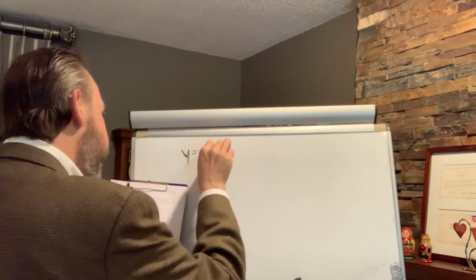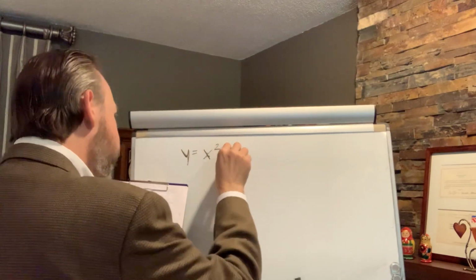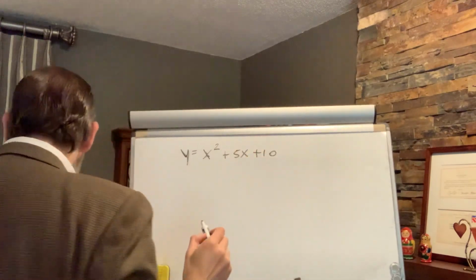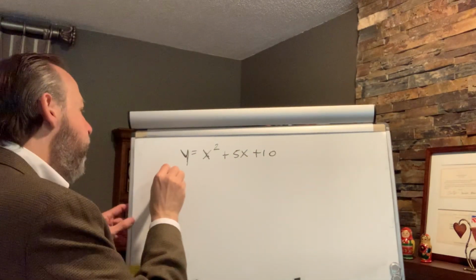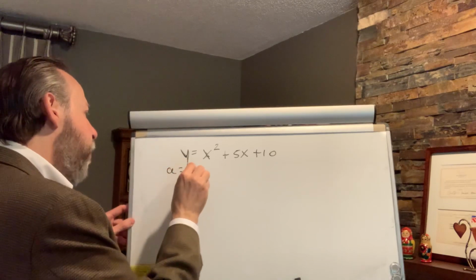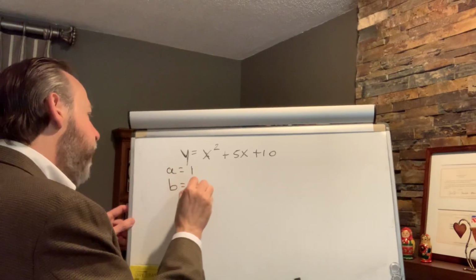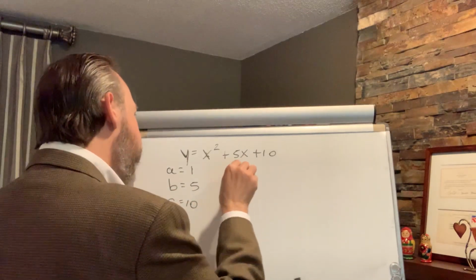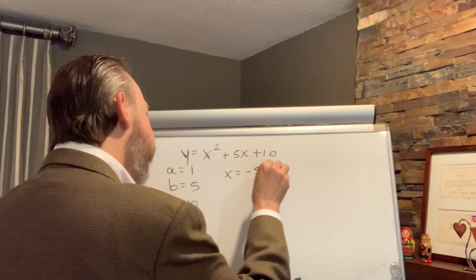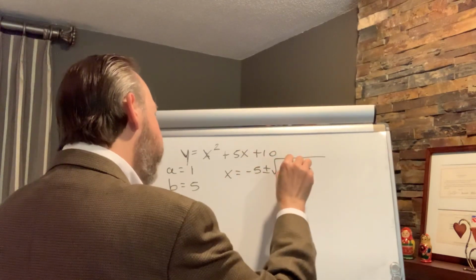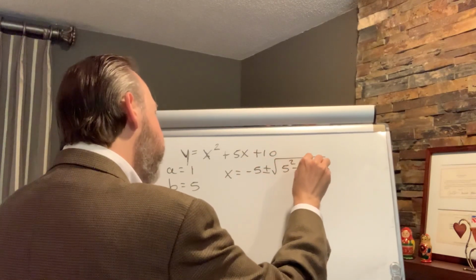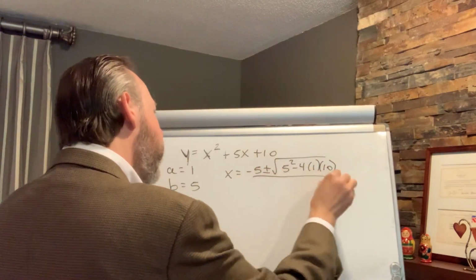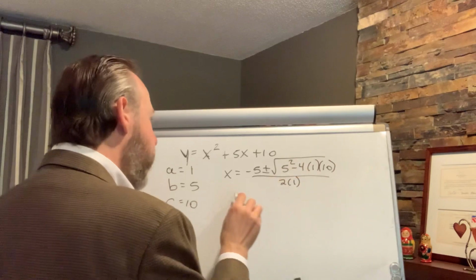Y equals x squared plus 5x plus 10. All right, cool. So, ABC, not a hard thing to do. A is 1 again. B is positive 5. C is 10. Plug it in. X equals negative 5 plus or minus the square root of 5 squared minus 4 times 1 times 10, all over 2 times 1.